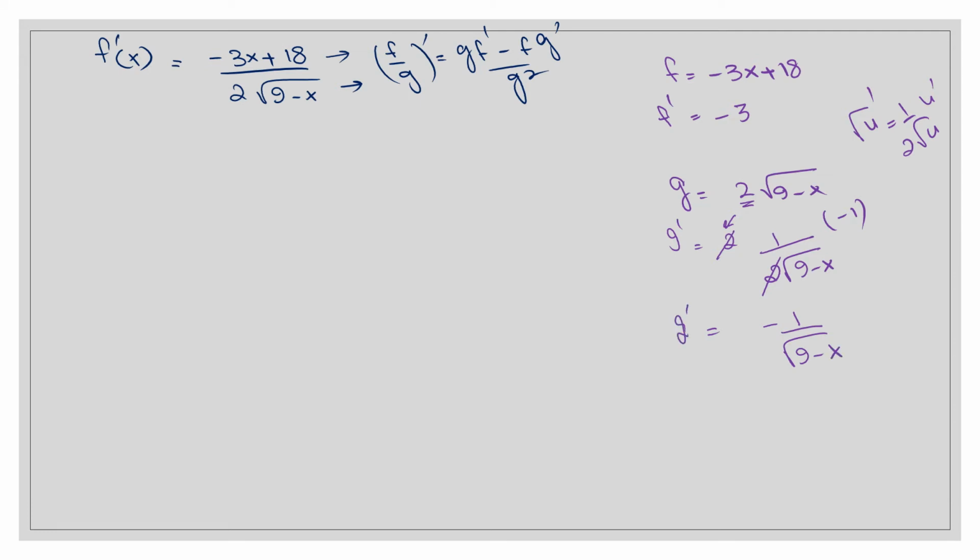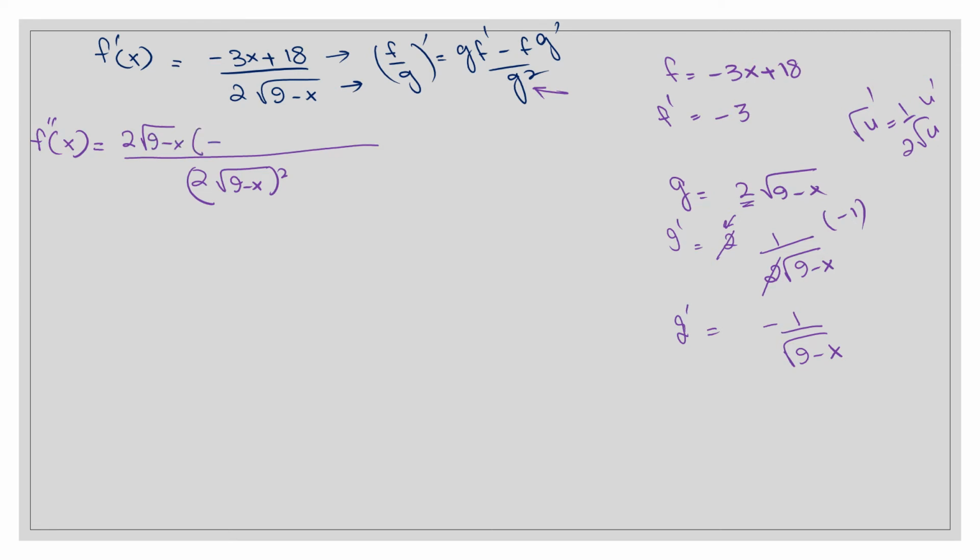Now come to the left hand side and try to solve it. So now take the double derivative because we are trying to find the second derivative. So first of all, 2 square root of 9 minus x whole squared, because you have the g squared in the denominator as per the formula. Then in the numerator you will write g. So g is 2 square root of 9 minus x.